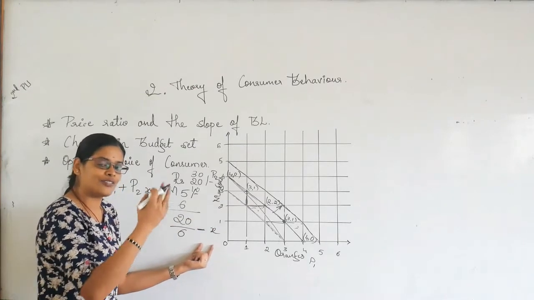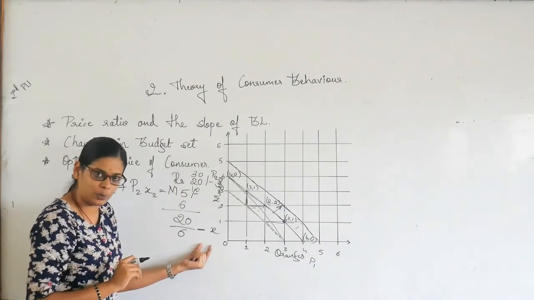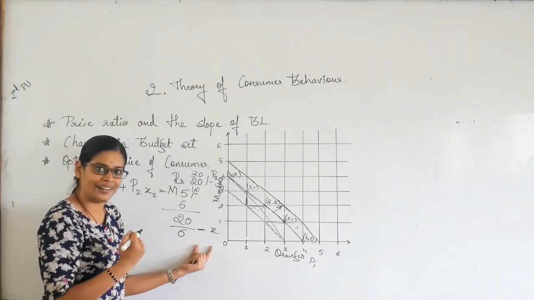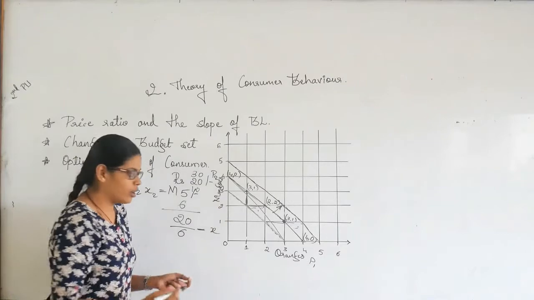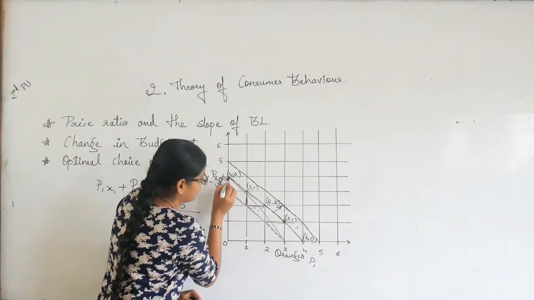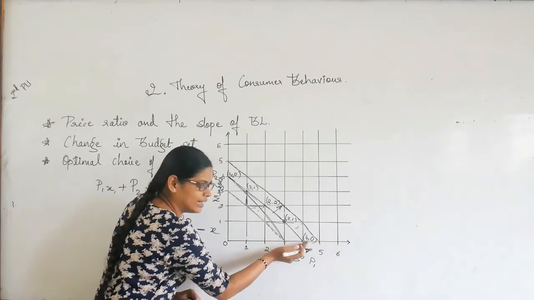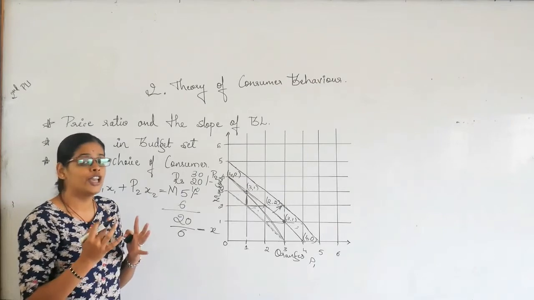Because when the price of the oranges was 5, we used to get 4 oranges for that 20 rupees. But when the price of the orange has increased from 5 to 6, that 4 becomes less than 4. So that's the reason the budget line tends to change. It is not increasing, but it is decreasing because there is a change in the price of the goods.